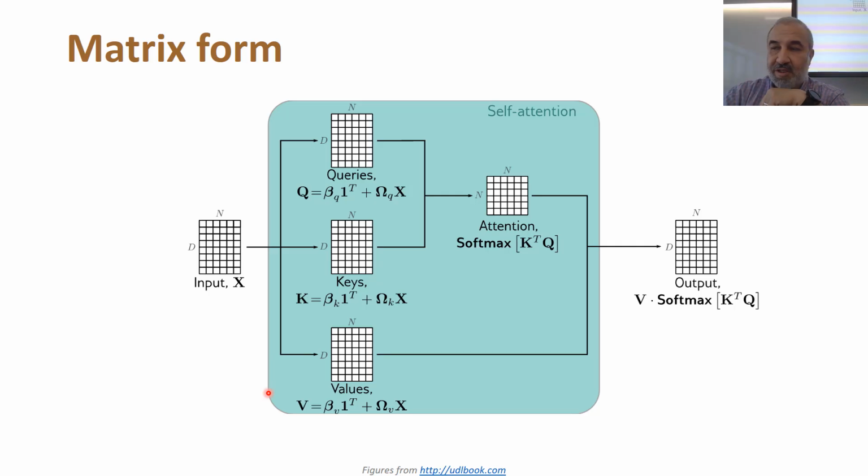Yes, each word is represented by a vector, of course. It's one column in this matrix. If it's the third column here, then its output vector is the third column here.